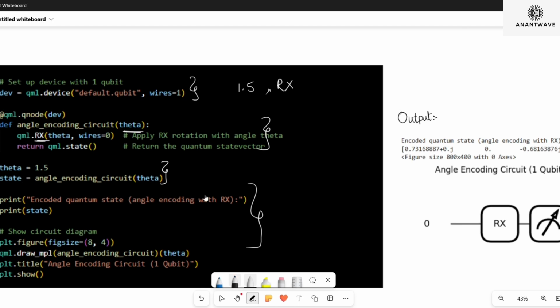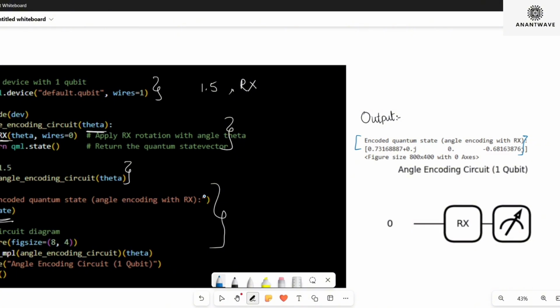I'm also drawing the encoded values in here, print the state. So I'll get the result as this. This is what we calculated previously. And then this is the circuit. In the circuit, we only have one qubit which has a Rx gate. So this is the output.